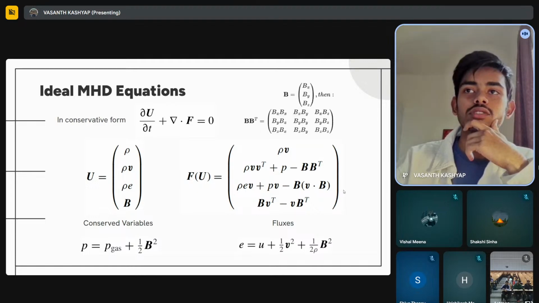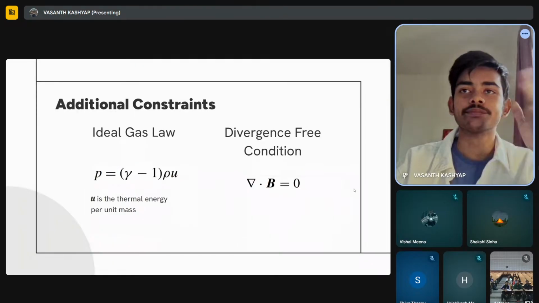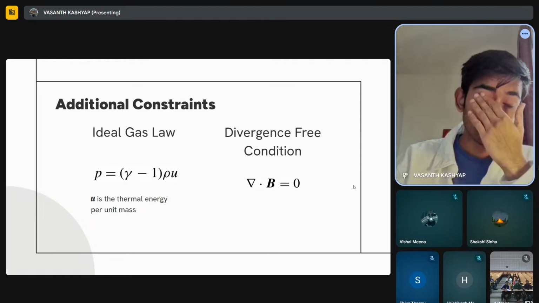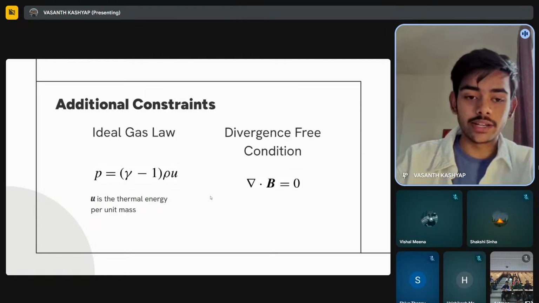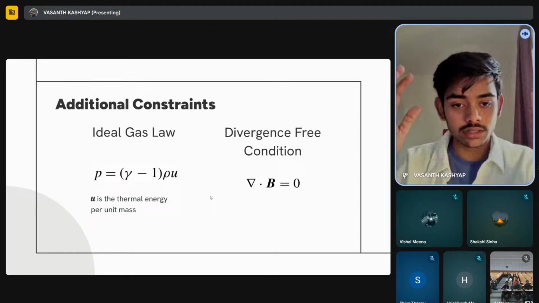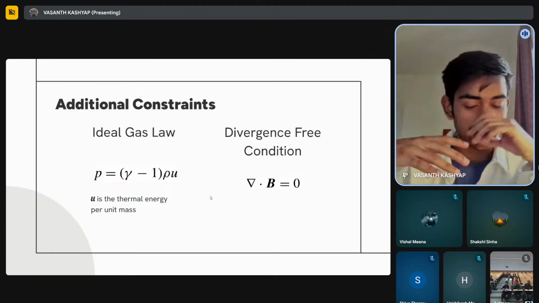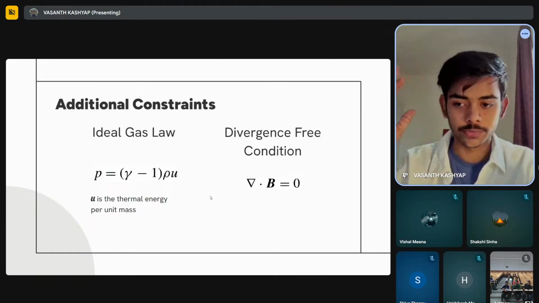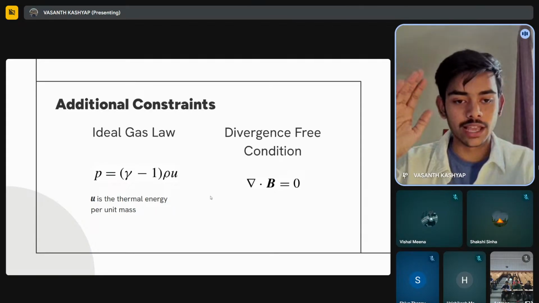So for reference, this T means this. We can skip that. But the next thing to keep in mind is we are talking about a gas, so it has some constraints. The gas cannot do whatever it wants, right? It must follow the ideal gas law.